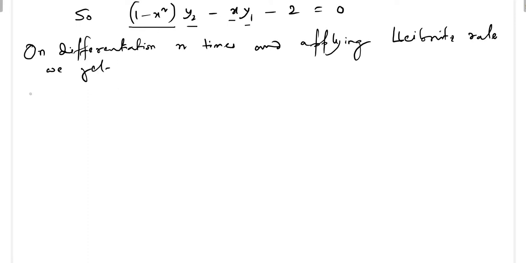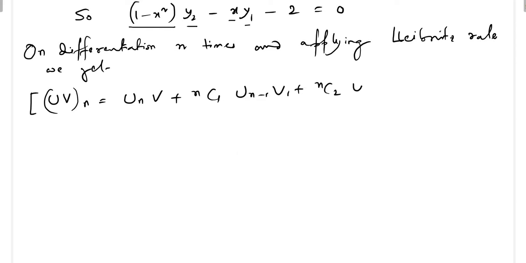So let me just write (uv)n equal to un v plus nC1 un minus 1 v1 plus nC2 un minus 2 v2 plus nC3 un minus 3 v3. This is the way to write the Leibniz rule. So the first expression, this will be your v, this will be your u. I already told you why it is the choice.